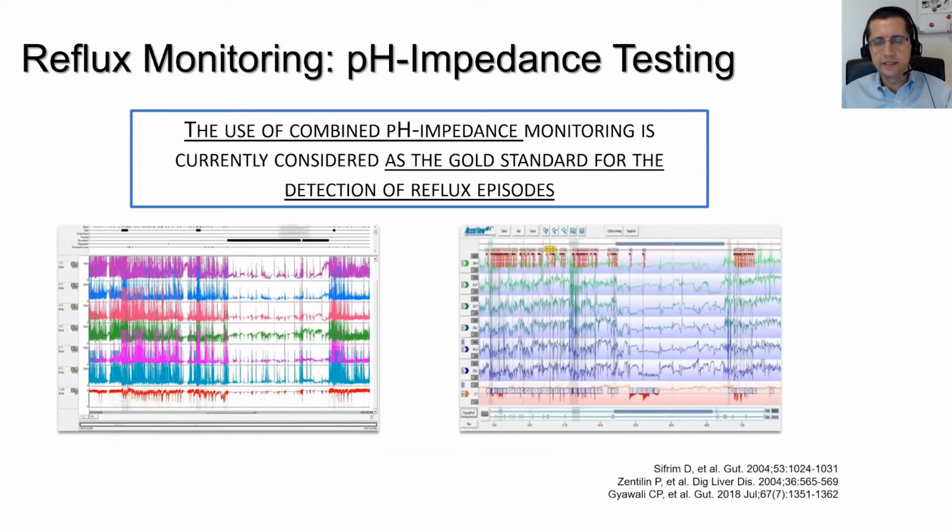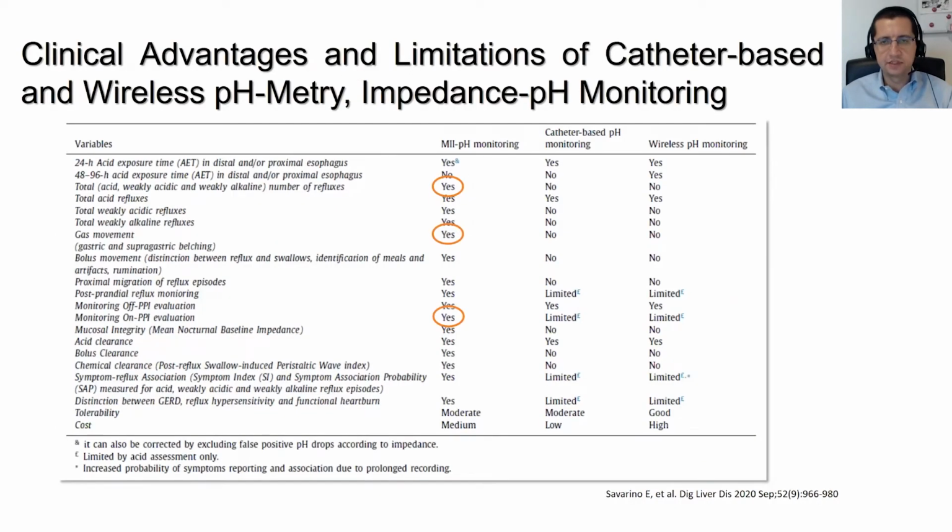On the other hand, pH impedance testing has been considered and recognized by many experts as the gold standard for the detection of reflux episodes, with some additional advantages, including the ability of detecting the gas movement along the esophagus and the opportunity to test patients also on PPI therapy.